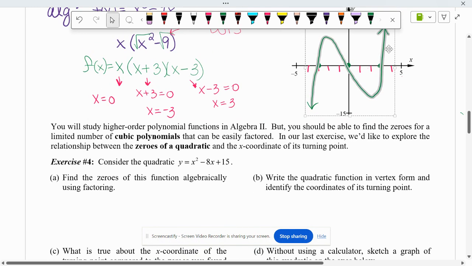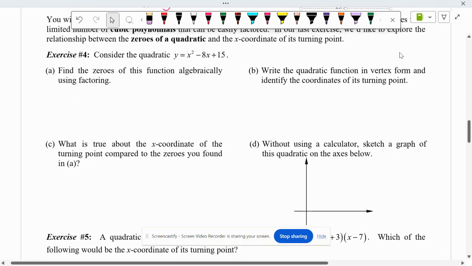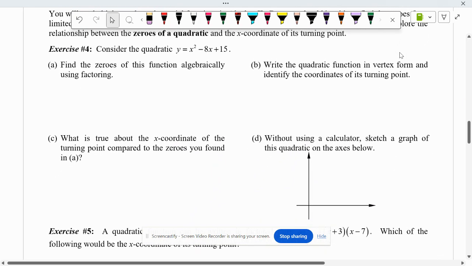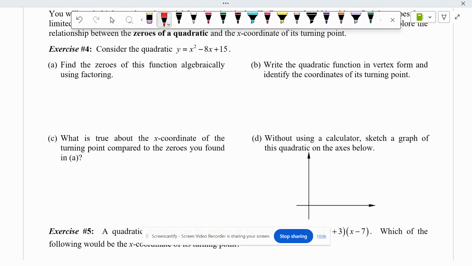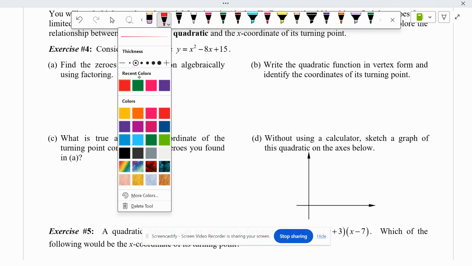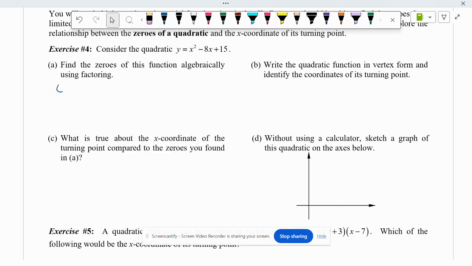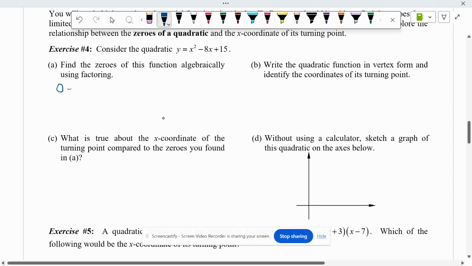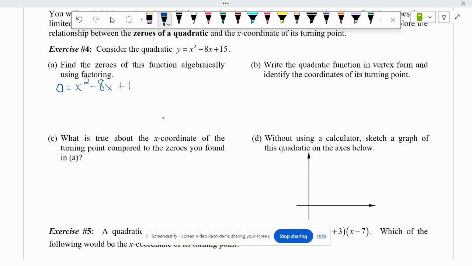So consider the quadratic function y equals x squared minus 8x plus 15. We need to find the zeros algebraically using factoring. So the first thing that we want to do is set our equation equal to 0. So 0 equals x squared minus 8x plus 15.